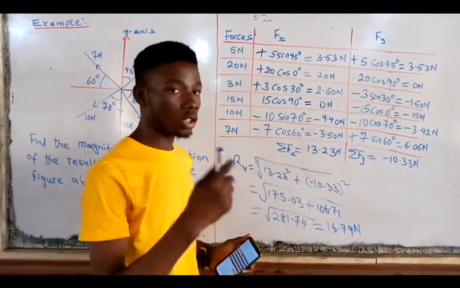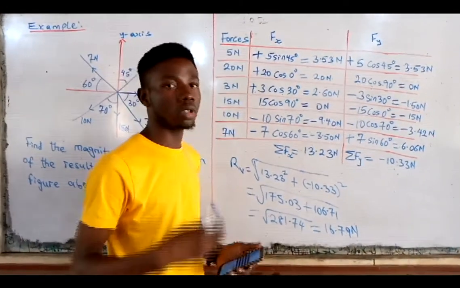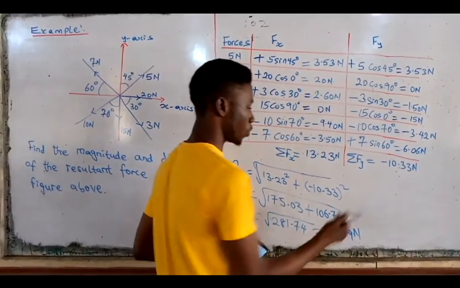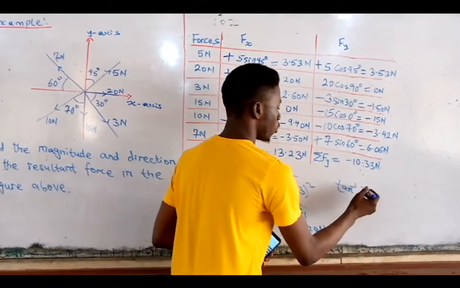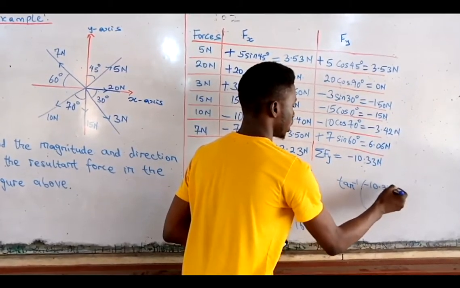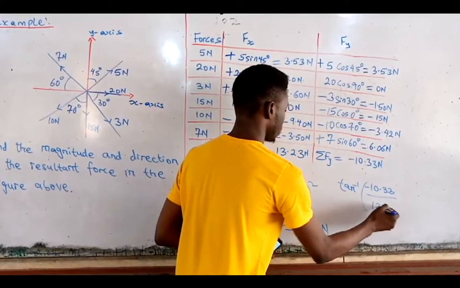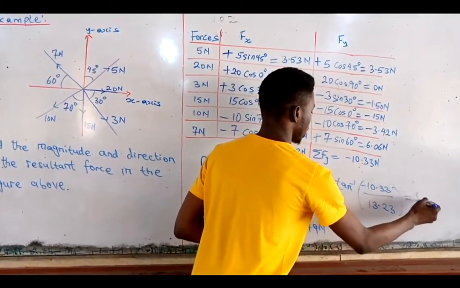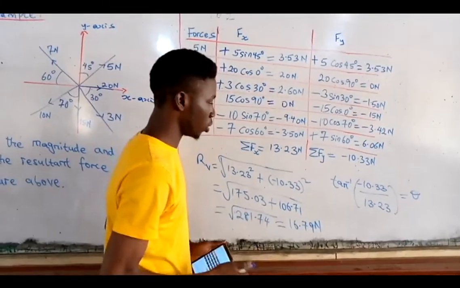Now, let us find the direction of our resultant force. Still using the method that we used in case 3, we make use of arctan of minus 10.33 over 13.23, which will give us theta, the direction of the resultant vector.